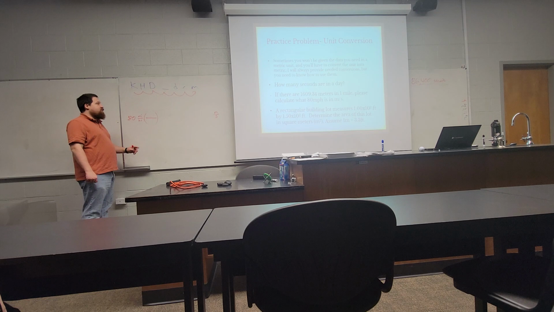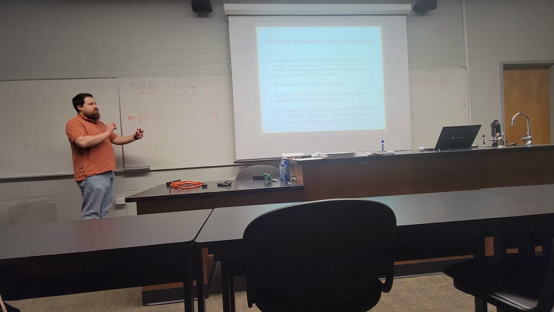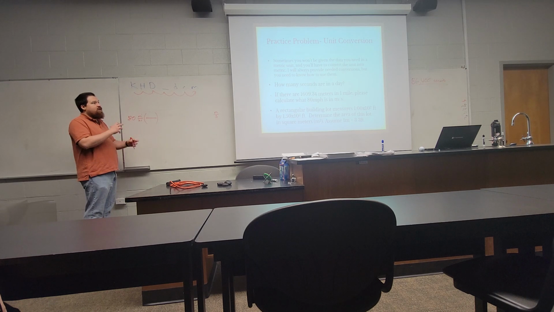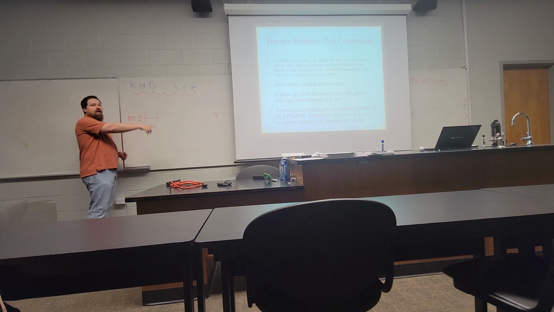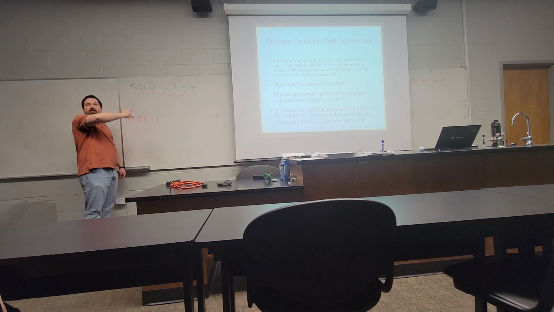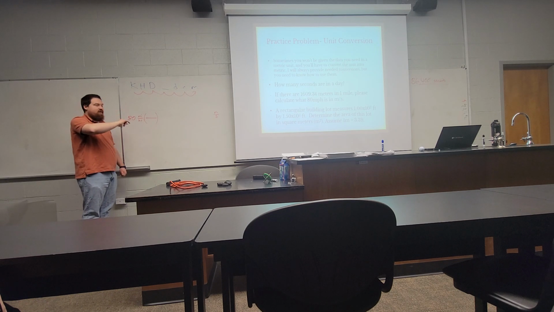Now, the way we want to use that, again, those two statements are equal to each other. They mean the same thing. So if you turn them into a fraction, one over the other, that fraction is equal to 1. We can freely multiply that fraction by whatever we want. We just have to figure out which unit goes on top or on bottom to cancel out miles and leave us with meters.